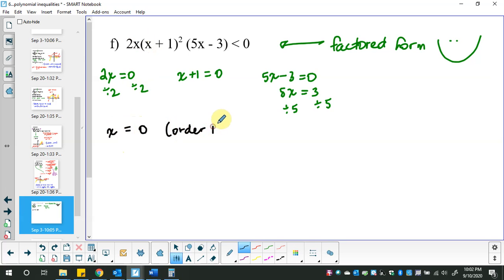Order 1. Haven't done that before. Probably should have. X equals negative 1. Order 2. X equals 3 over 5. Order 1.